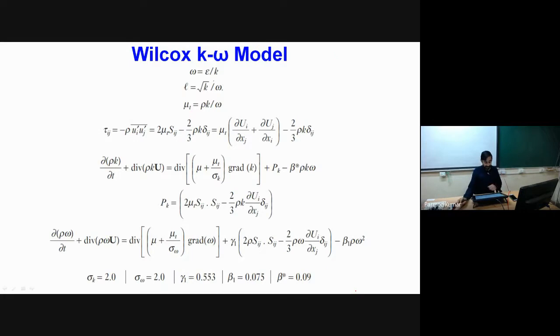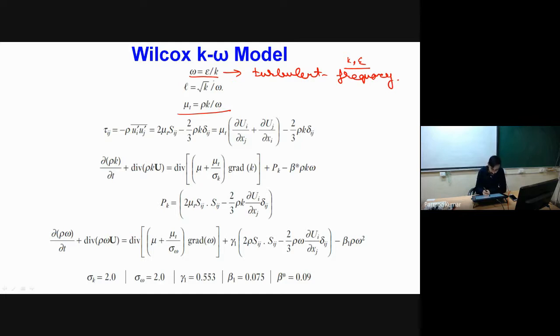Then apart from using K and epsilon only to specify the length scales, there are some other parameters which can be involved. For example, omega is equal to epsilon by K, where omega is nothing but turbulent frequency. So instead of epsilon, if we substitute this formulation, I can find turbulent viscosity in the form of K and omega.